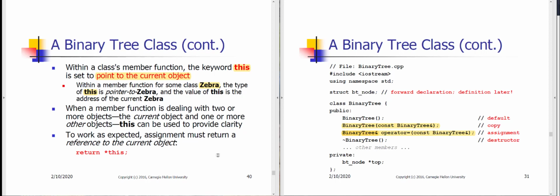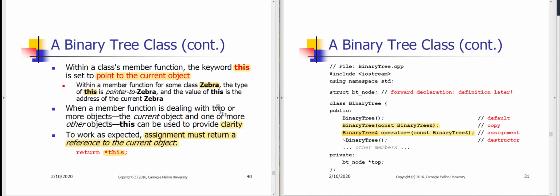In order to work in the way that a user expects, assignment must return a reference to the current object. And in particular, since this is a pointer to the current object, star this is the current object, and therefore return of star this is what the assignment operator function must return.